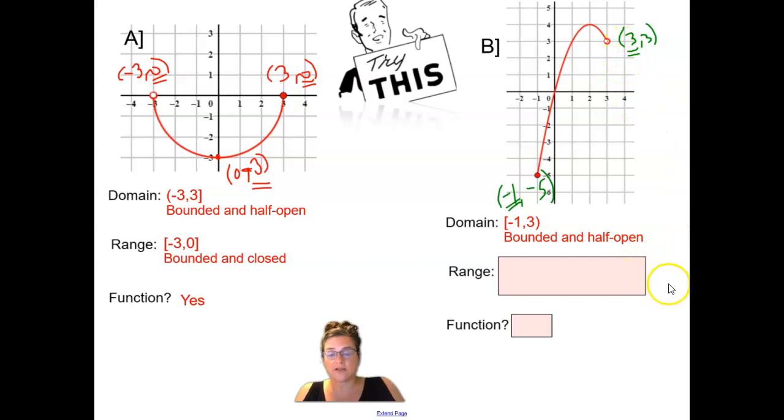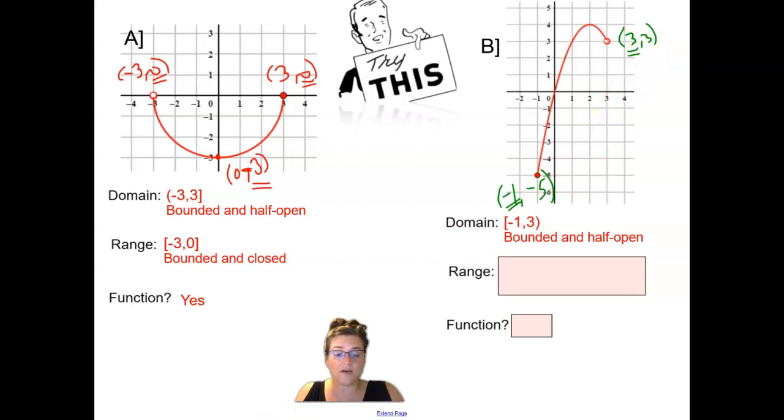Okay, now the range, the common mistake that students will make here is they've written down these endpoints, and so they just jump to the conclusion that the lowest bound is -5 inclusive, and then they look up at this other endpoint and say, oh, it goes all the way up to 3. But it doesn't just go up to 3.